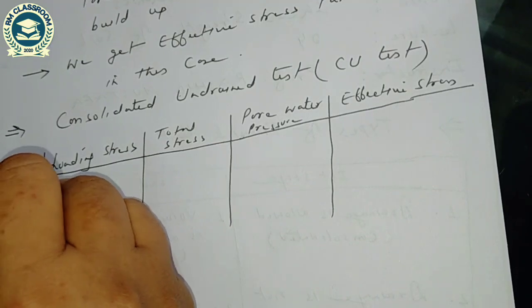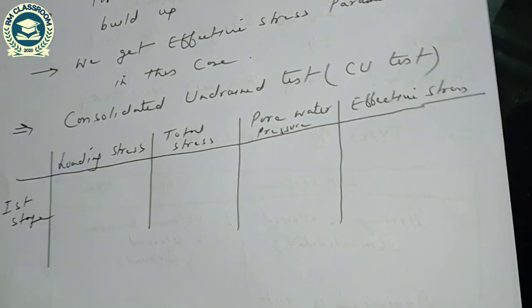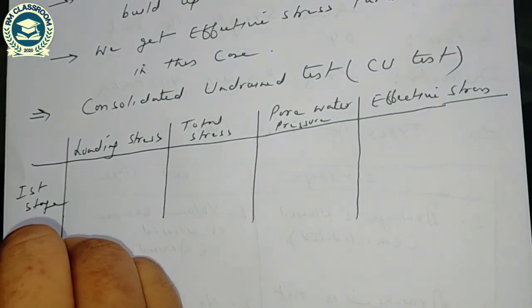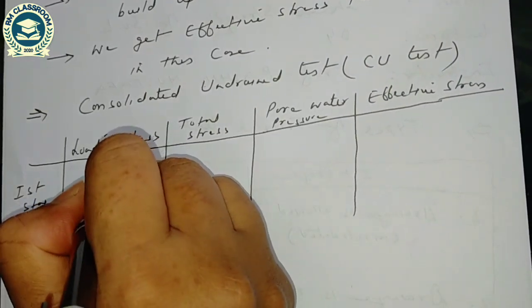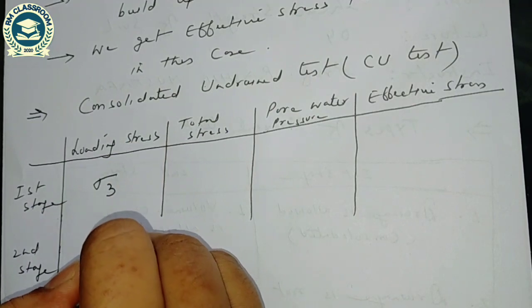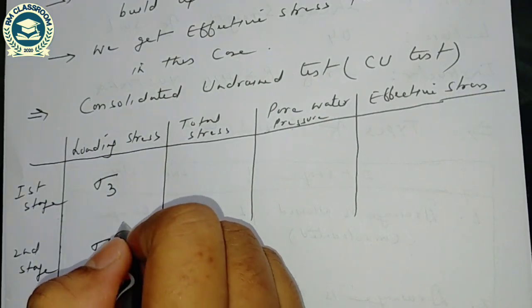And this is the first stage and second stage. So first stage is called confining pressure stage, sigma 3, and second stage is sigma D.